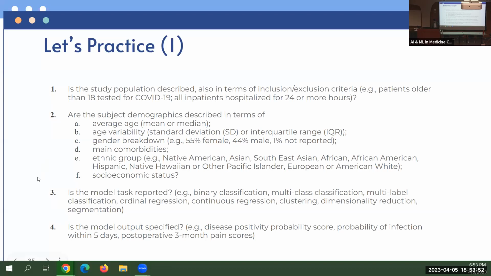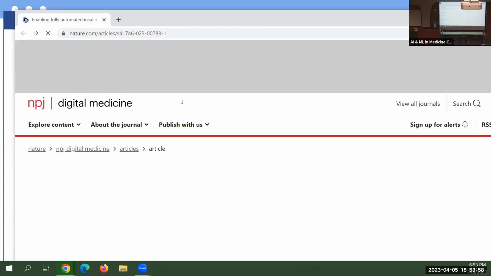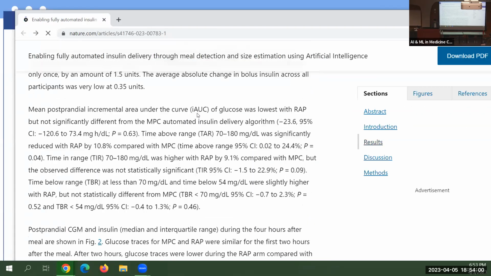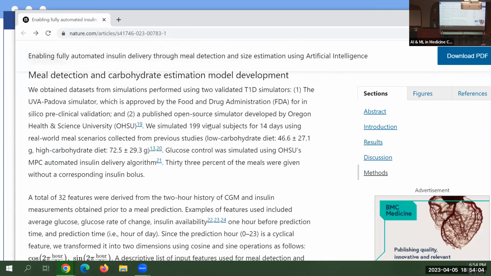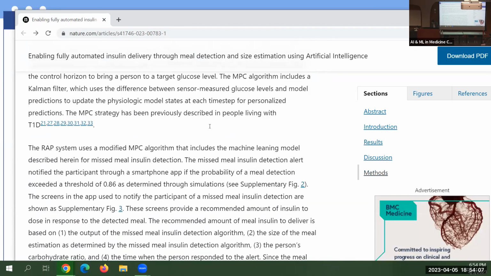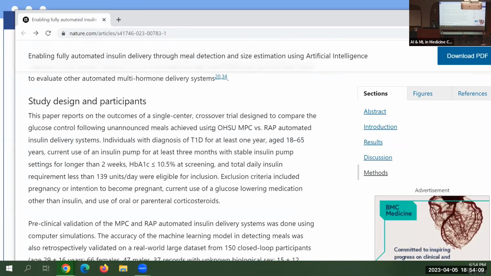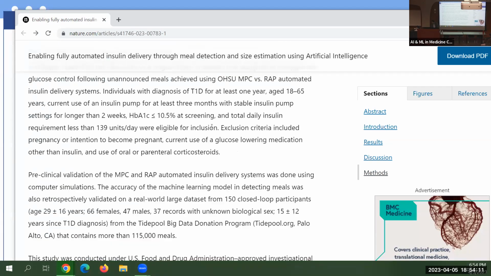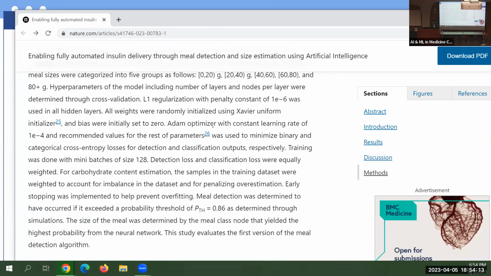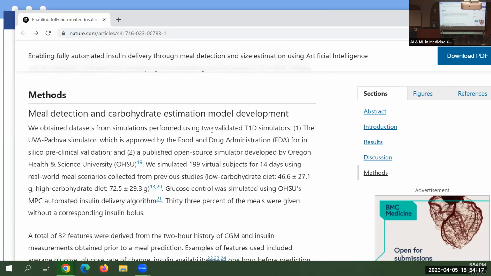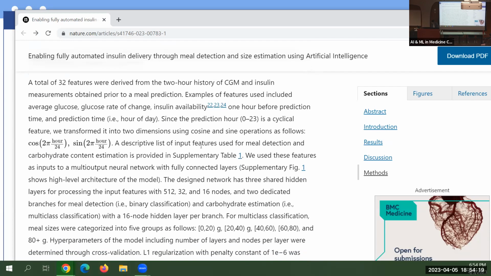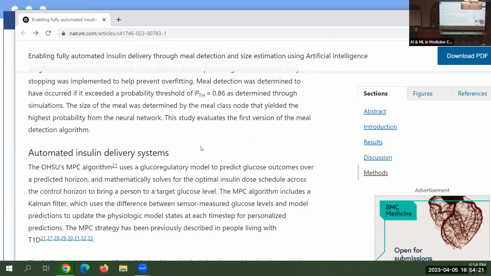Okay, is the model task reported? What is the model task? It's in their methods again, right? I believe I found it at some point, but I can't find it. Yeah, so they used 2. There was multiple, where is it? I'm sure I saw it somewhere.